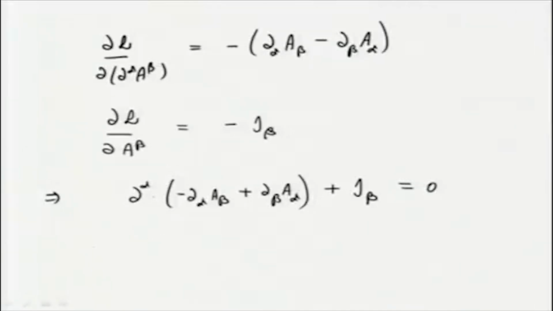So, this is essentially minus ∂_α F^{αβ} plus j^β equal to 0, or ∂_α F^{αβ} equal to j^β.